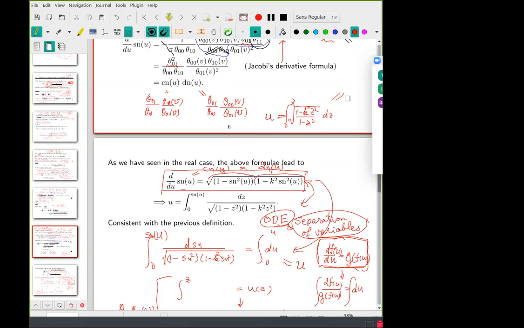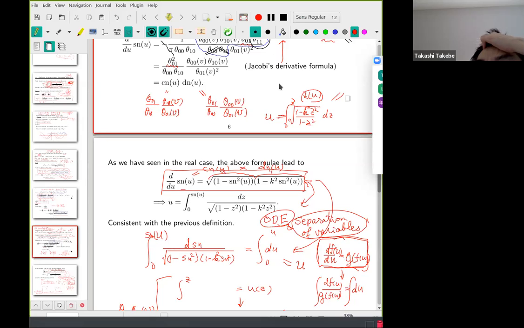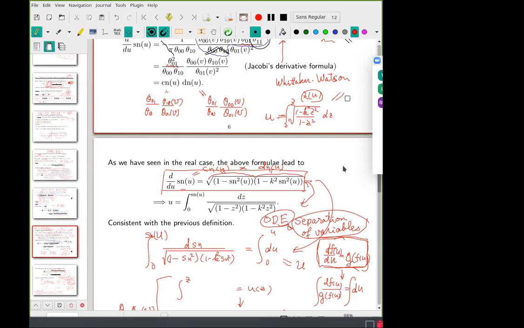It's okay. Can you recommend some references? Probably you can find something in the famous textbook by Whittaker and Watson, A Course of Modern Analysis.